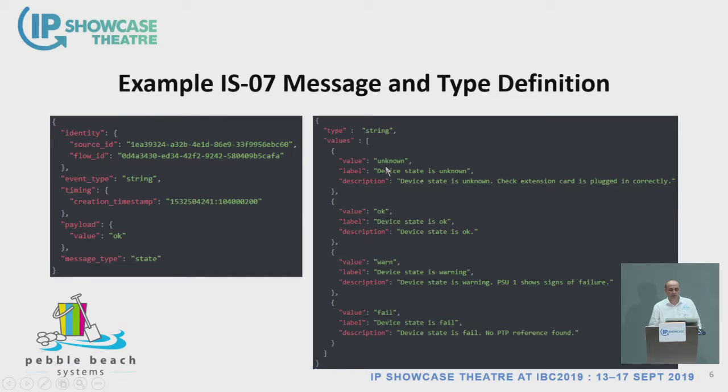But then, to go with those values, there are labels and more verbose descriptions, which are optional, but they could help the control system or the receiving device put some more sense to the word OK. Now, if we are talking about strings, it's maybe not as required as if we were talking about numbers, because we could also be saying 0, 1, 2, 3, and then attach labels to those numbers.